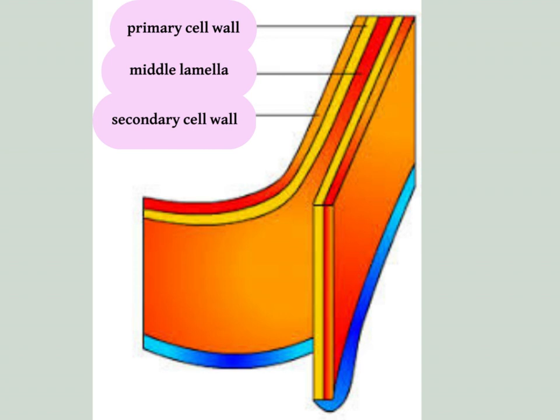Next, primary cell wall. After that, middle lamella. These all layers are shown in different colors. If you see, then secondary cell wall is present in orange color, middle lamella in red color, and primary cell wall is shown in yellow color. So we can easily differentiate in this picture all the three layers of cell wall.